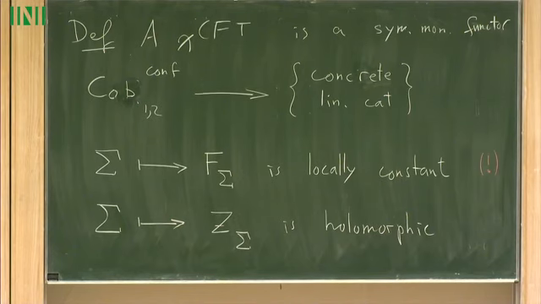So maybe one thing that's worth saying is that this definition, even though very powerful, has turned out to be difficult to work with, meaning that even though it was formulated in essentially those terms by Graeme Segal in the late 80s, people have been unable to construct a meaningful collection of examples of things that satisfy these axioms.